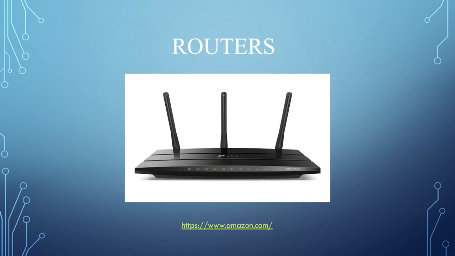The router is, as I was saying, you probably have your own little Wi-Fi router at home that sends out signals. That's what this looks like. It's got its little antennas here. But the ones in major companies are much bigger than this little picture, and they generally connect LANs to one another.